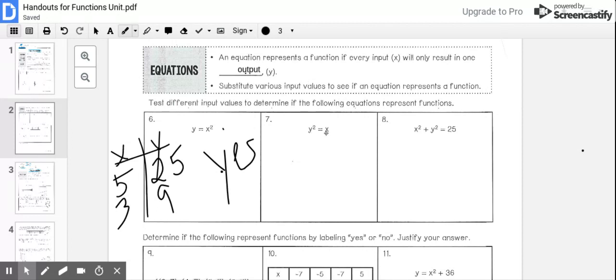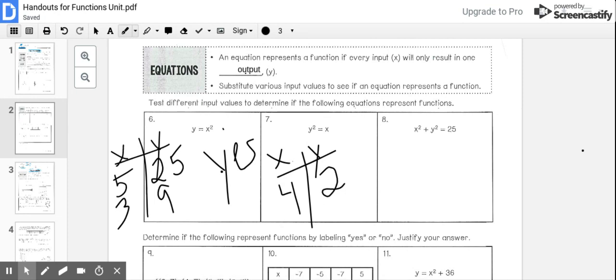So this one, the opposite. If I draw a table of values again and try it, let's say that I put in x is 4. If x is 4, I have to think, what squared gets me to 4? Well, I know it's 2. So I think, oh, okay, it must be a function.